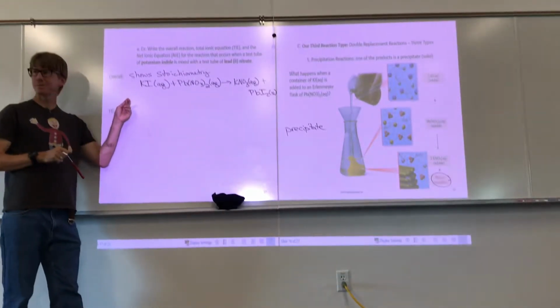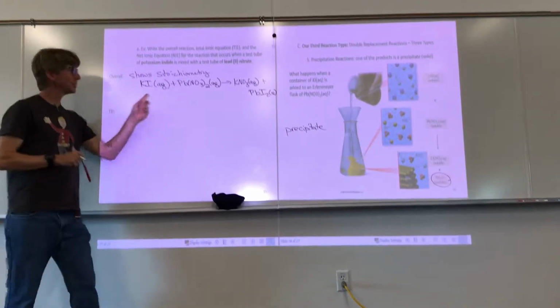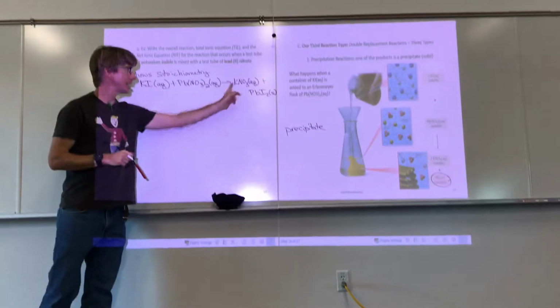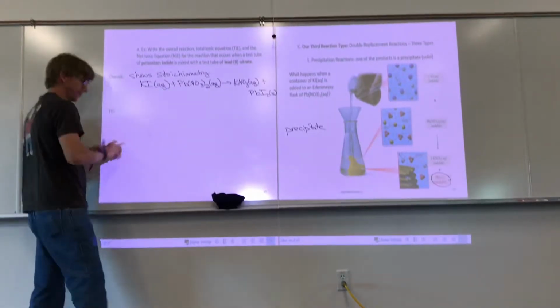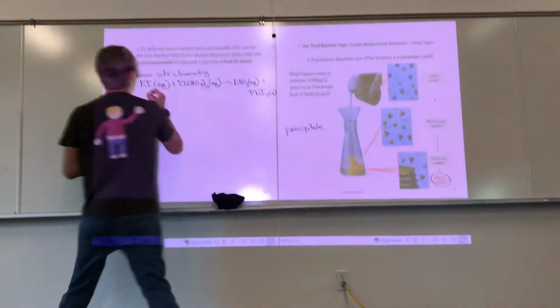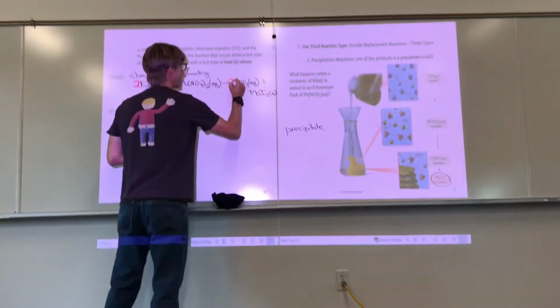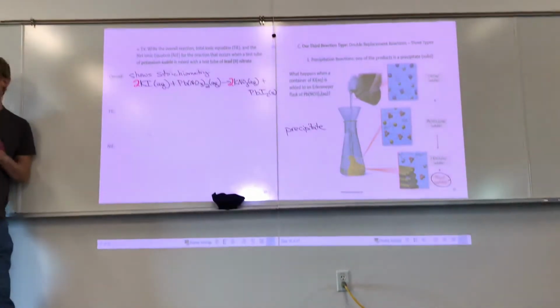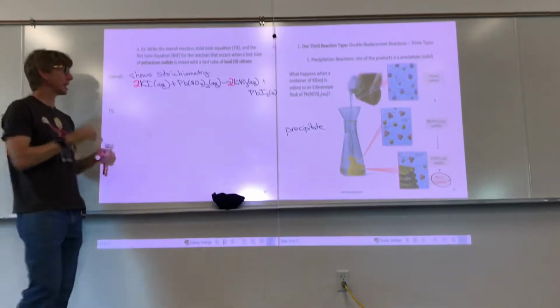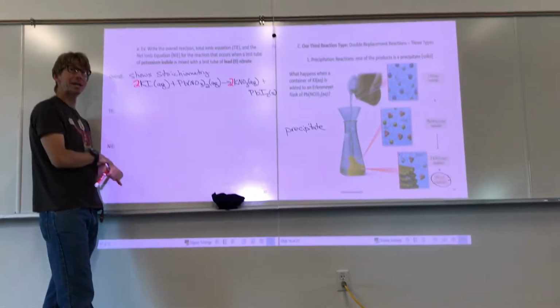Is this balanced? Nope. It is not. You look at 2 iodides and only 1 over here, 2 nitrates and only 1 over there. So I've just balanced it. These are pretty straightforward to balance in my mind because instead of doing elements, think about entire ions.